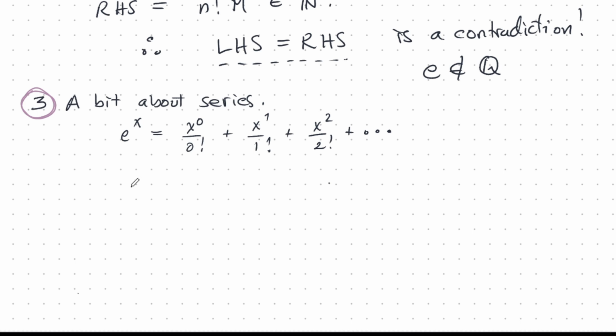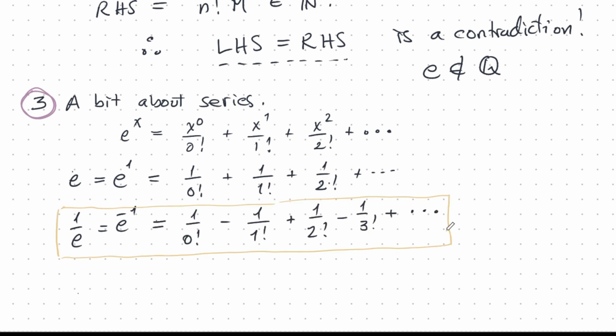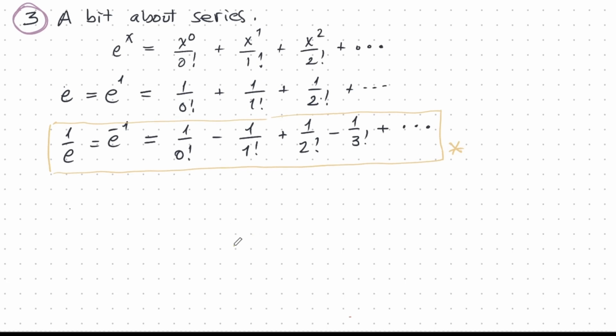This was our exponential function, and we were able to determine a series for e by plugging in x is 1. But we can also find a series for 1 over e by plugging in x is minus 1. There. And we will be using this series in Liouville's proof.